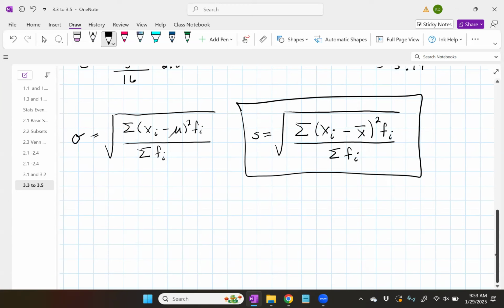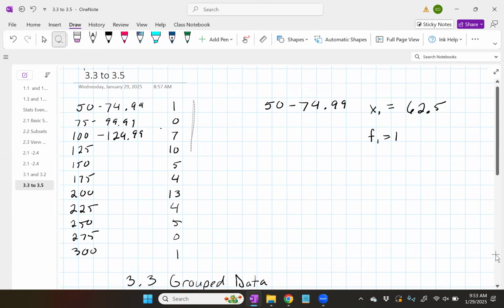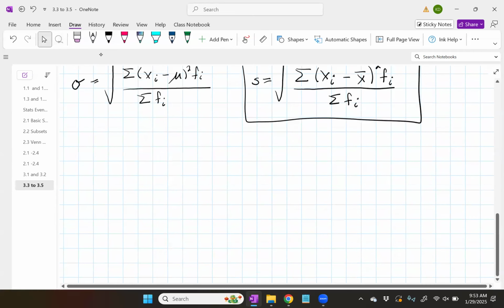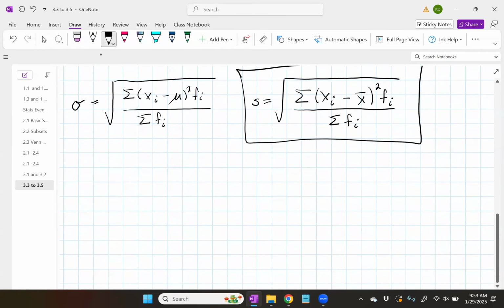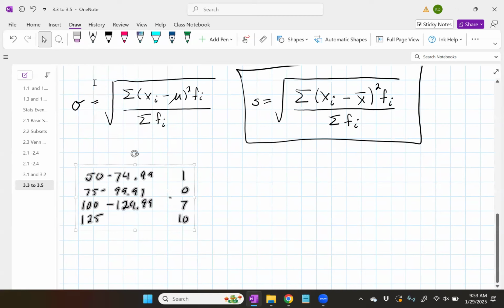Okay, I'm going to shorten this data set because it's really long. This is my very terrible looking data set.